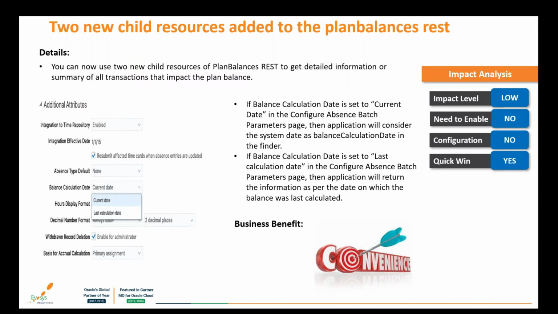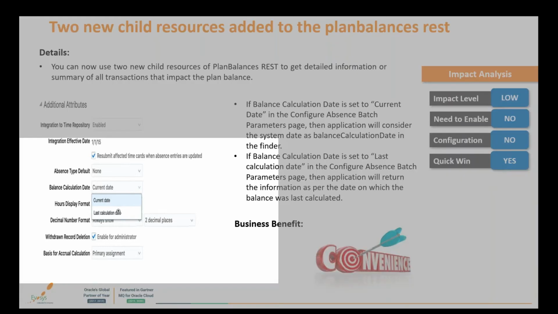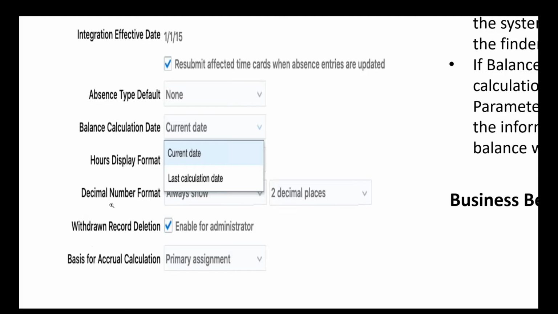In case you do not pass the balance as of date through the finder, the application takes the configuration that is present at the absence batch parameter page, such that if you can take a look at this screenshot, if balance calculation date is set to current date, then the application will consider the system date as the balance calculation date.